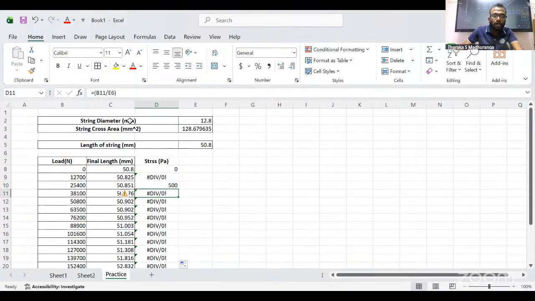If you type the function this way, B8 divided by E3, and autofill, the selected cells also change according to the rows, right? Are you clear why it is wrong? Quickly. Joel, Sharon.